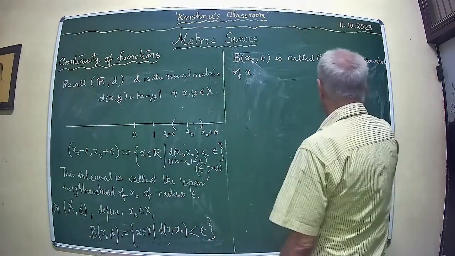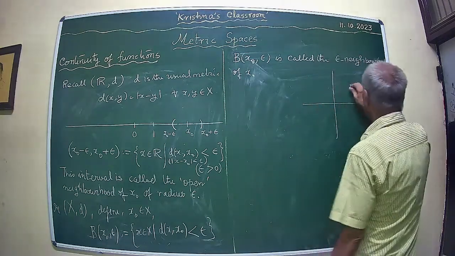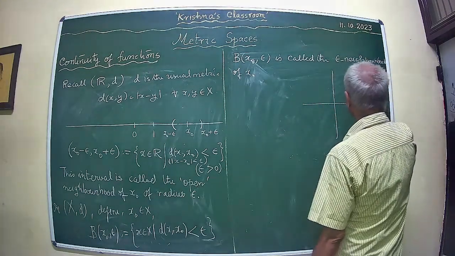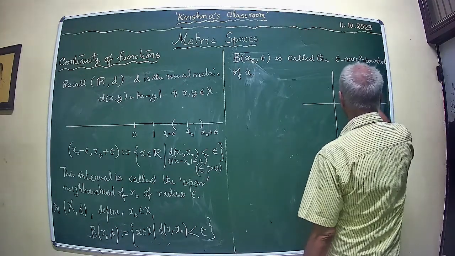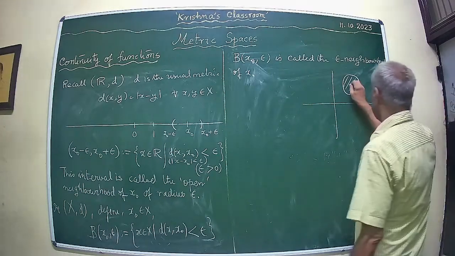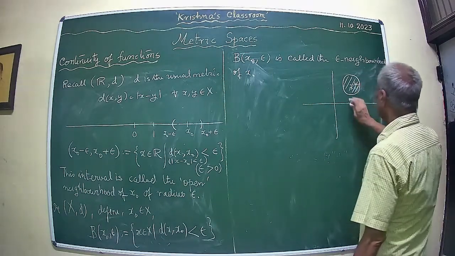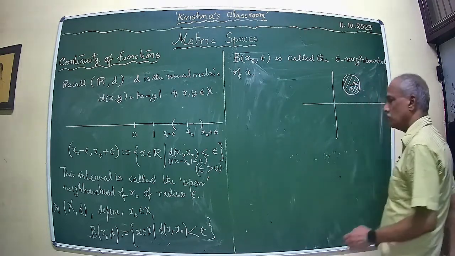So for instance in R2 with the usual metric, suppose this is the point x naught, it is going to be the interior of the ball of radius epsilon, and the shape of this is a circle in the usual metric.